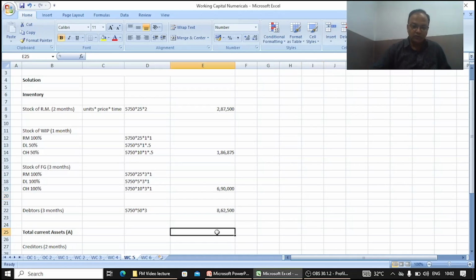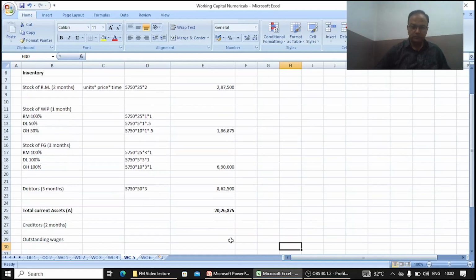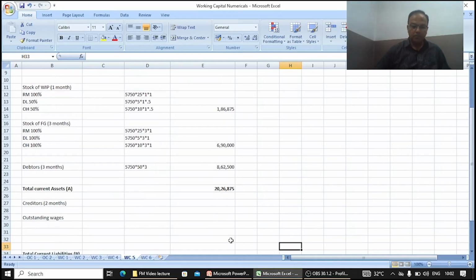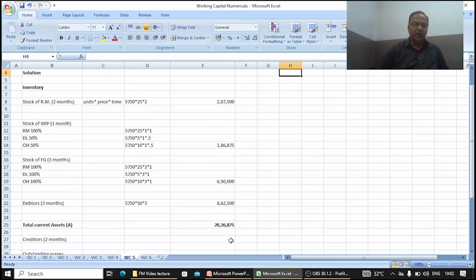Now the total is 2026875. This is the total of current assets.